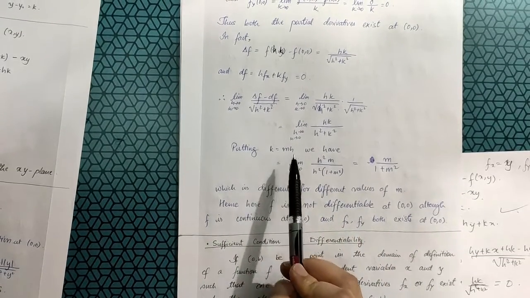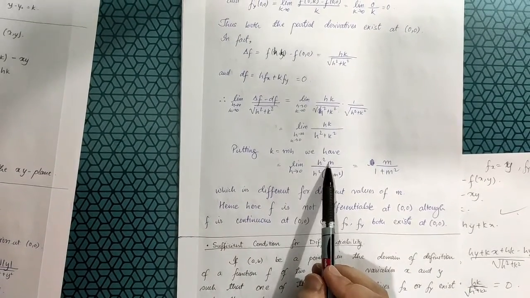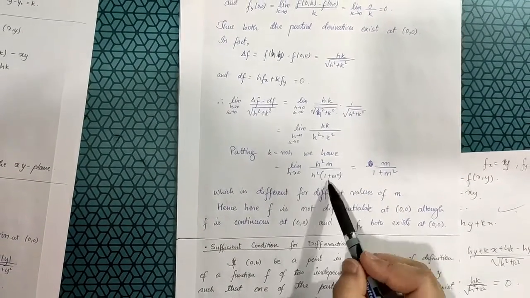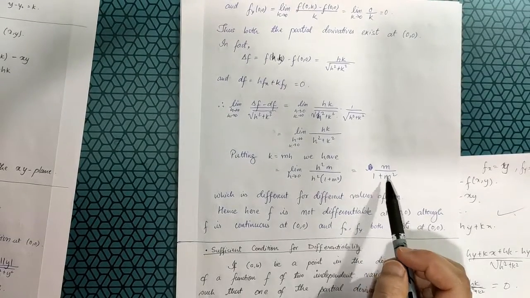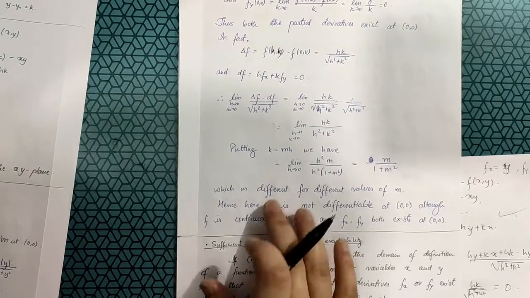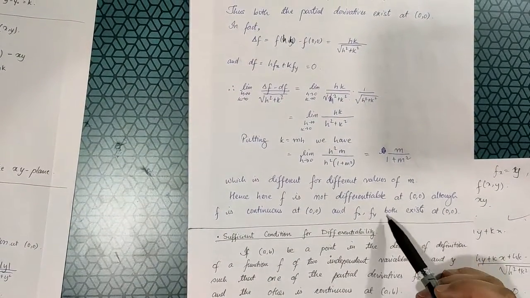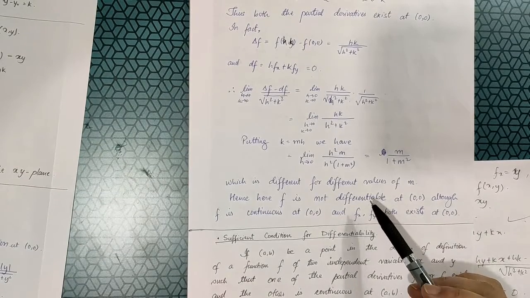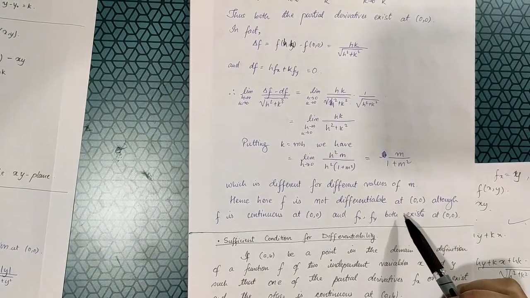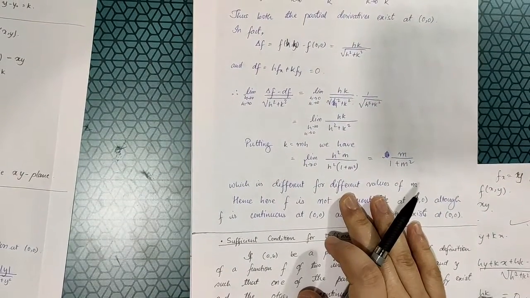Putting k equals mh, we have limit h tends to 0 of h square m divided by h square into 1 plus m square, which is m by 1 plus m square, which is different for different values of m. Hence the limit does not exist. So we can conclude that f is not differentiable at 0, 0, although both the partial derivatives exist at 0, 0.